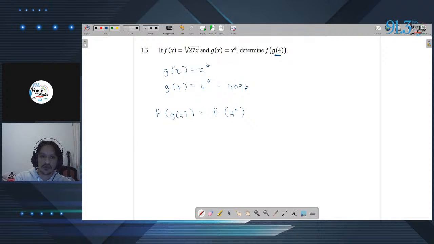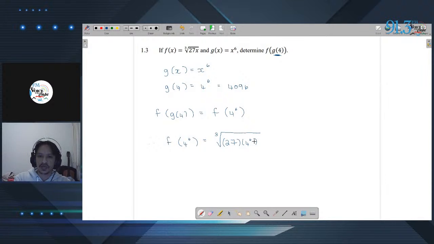So therefore, that means that wherever we see whatever our x value is, this is what it's going to be, 4 to the power of 6. So therefore, f of 4 to the power of 6 is equal to the square root. Right, we can put this in brackets, 4 to the power of 6.